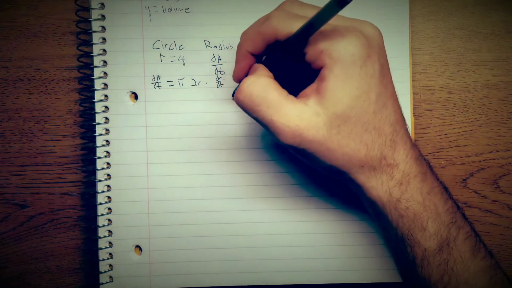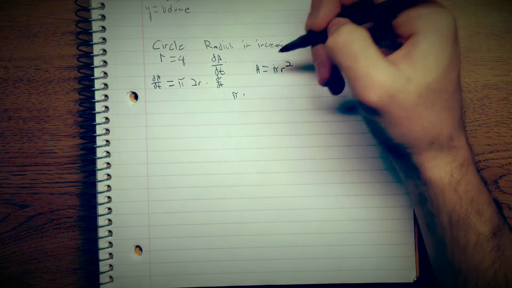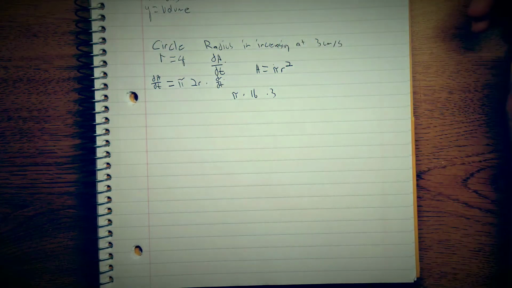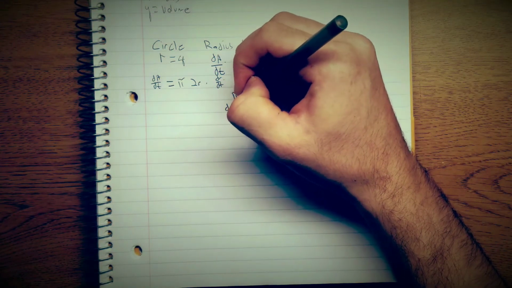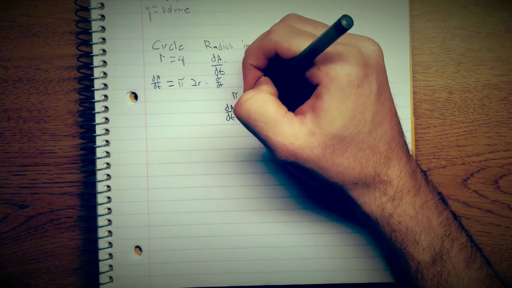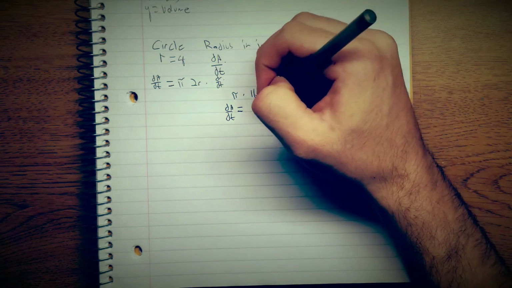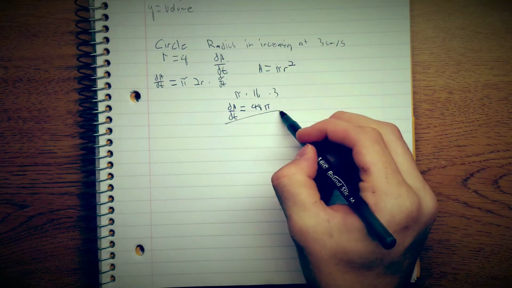So we plug these in. Pi times 16 times 3. We will find that the rate of change of the area, dA/dt, is equal to 48 pi. And this is our final answer.